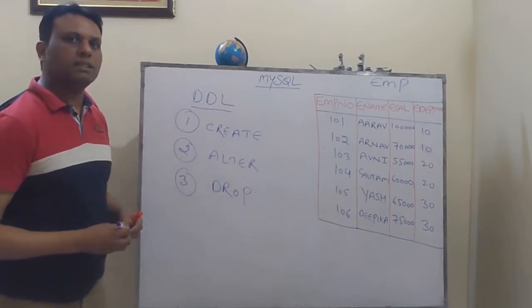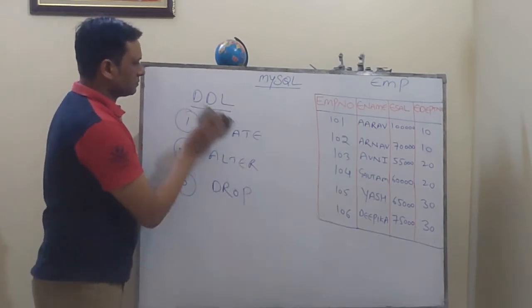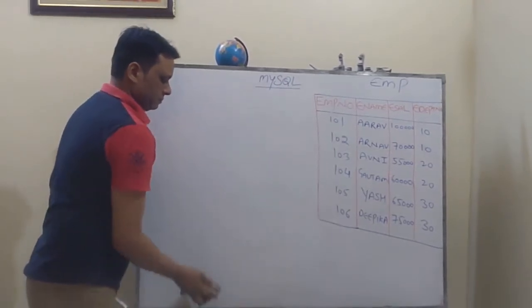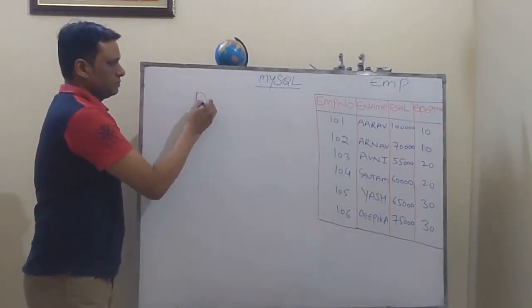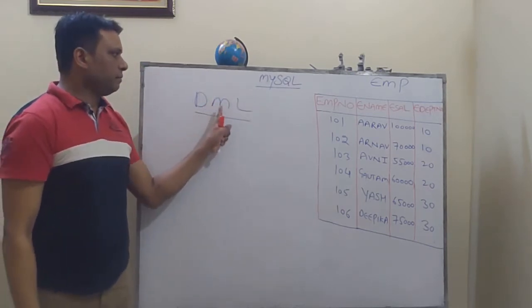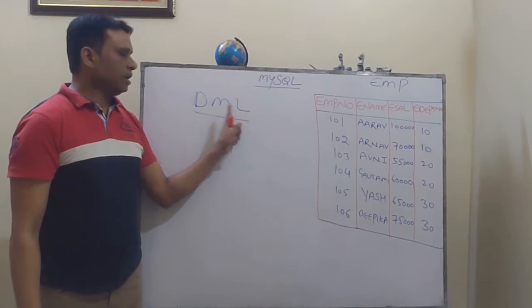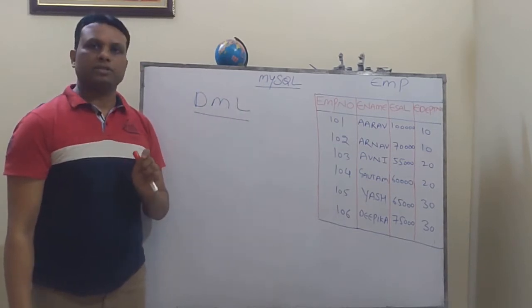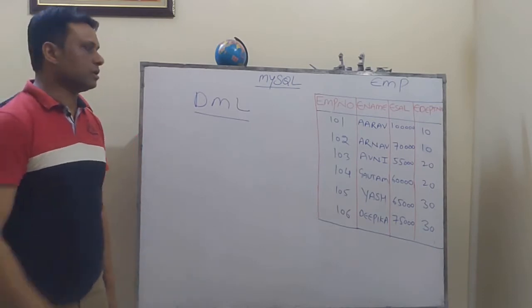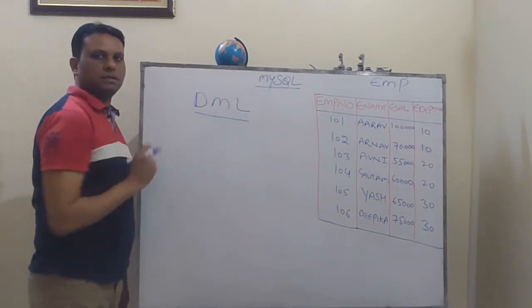Now let us begin with DML today. DML stands for Data Manipulation Language. All the data manipulation language commands are related with the values of the table and not with the structure. There are four commands under it.